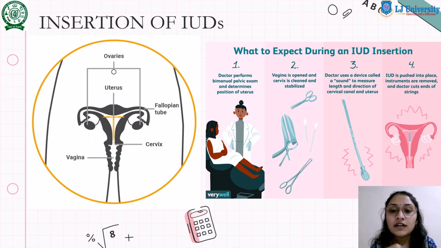Why? Because at the time of removal, the doctor should easily locate it, and that is the main reason a small portion of string is kept and the excessive amount is cut out.